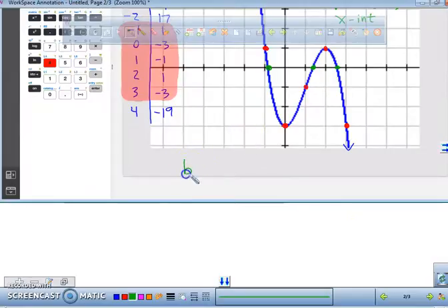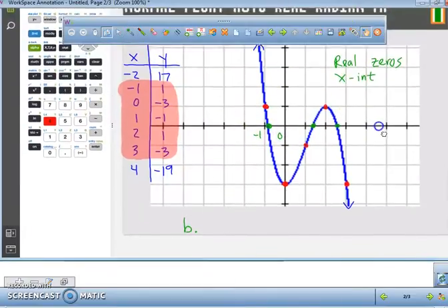Now listen, in answer choice, I'm going to scroll down just a bit. In answer choice B, I'm going to read it out loud here, it says, determine the consecutive values of x between which each real zero is located. Now, I'm not asking you to find the exact zero. Right now, our first zero is located between -1 and 0 on the x-axis.